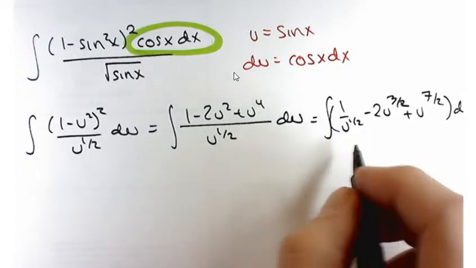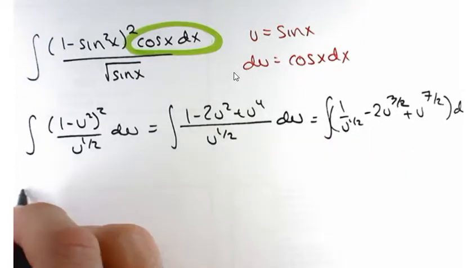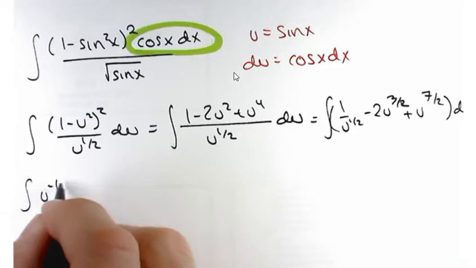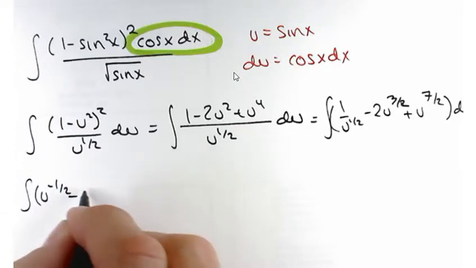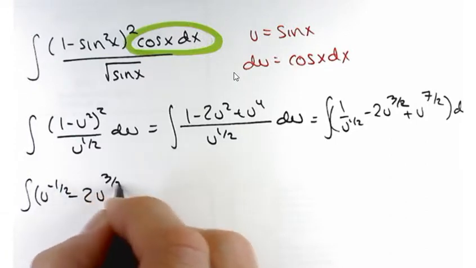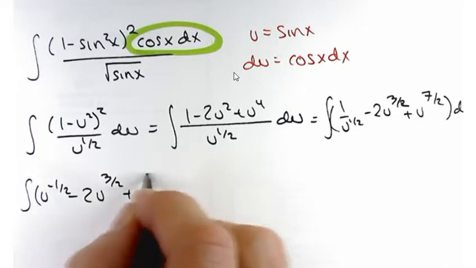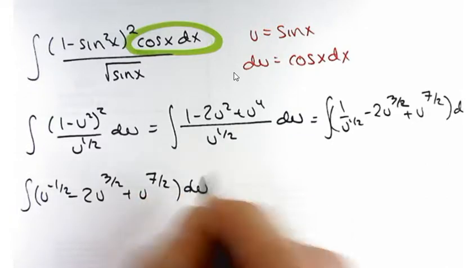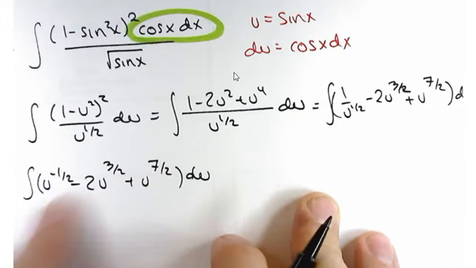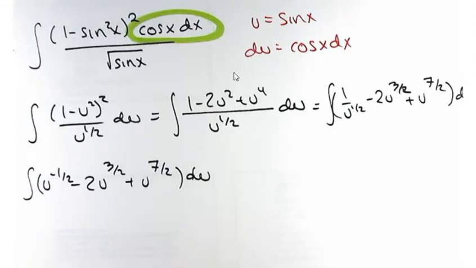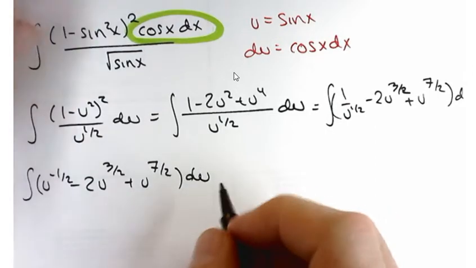And maybe you want to write that as u to the negative 1/2. But this is just integrating polynomial type function. It's not exactly a polynomial, but it's similar.